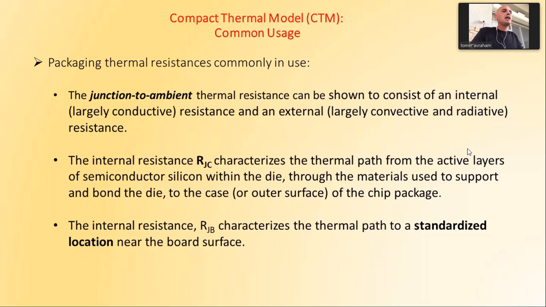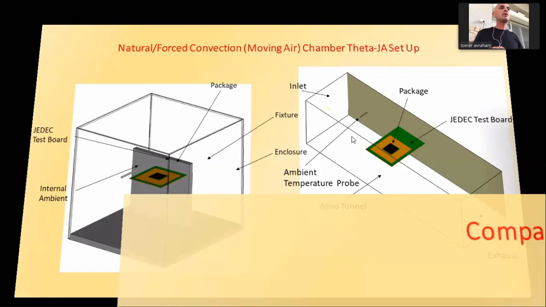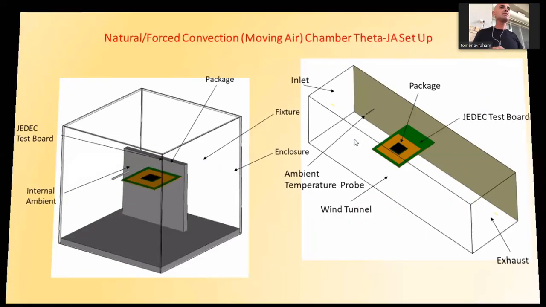And there's a thermal resistance from the junction to the board. Everything you see here is standardized. It means every one of them has a particular JEDEC experiment, which we'll see right now.